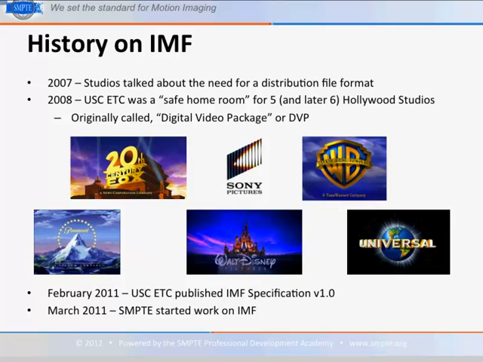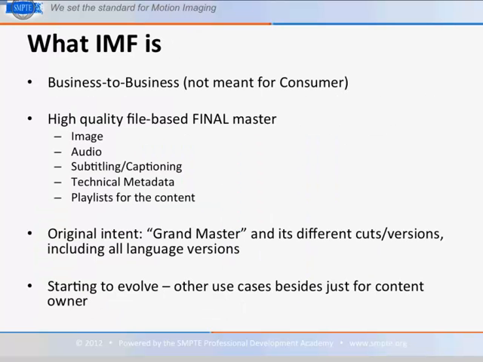I know that sounds like, wow, this was so organized. Well, we knew that the specification input document was going to be coming up, so in December of 2010, we started work at SMPTE to get IMF prepared for the SMPTE work. By the time the document was completed in February, SMPTE could start the work in March.